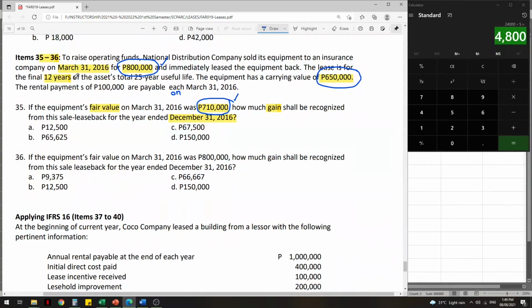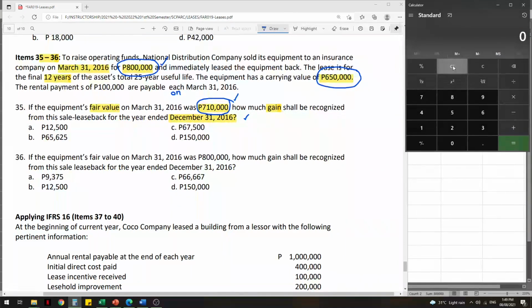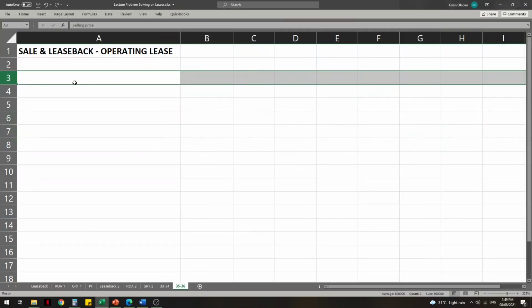So, if you want to get the gain from that deferred gain na mare-recognize natin for December 31, 2016 in order to answer number 35, we will have to allocate that 90,000. But first, let's have an overview of how all of this will look like. I have here a solution guide that I am going to present to you.